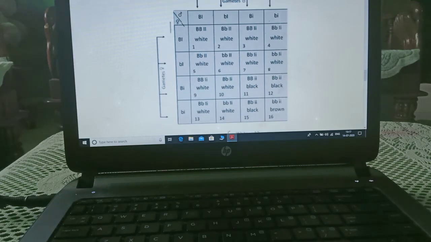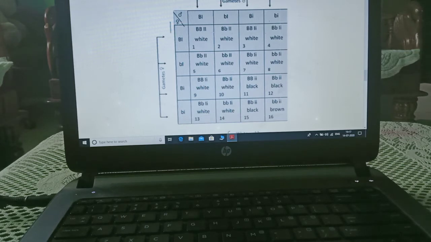Similarly here also, exactly like the way we saw in the dihybrid cross, gametes of male and gametes of female are crossed and a new generation is formed.